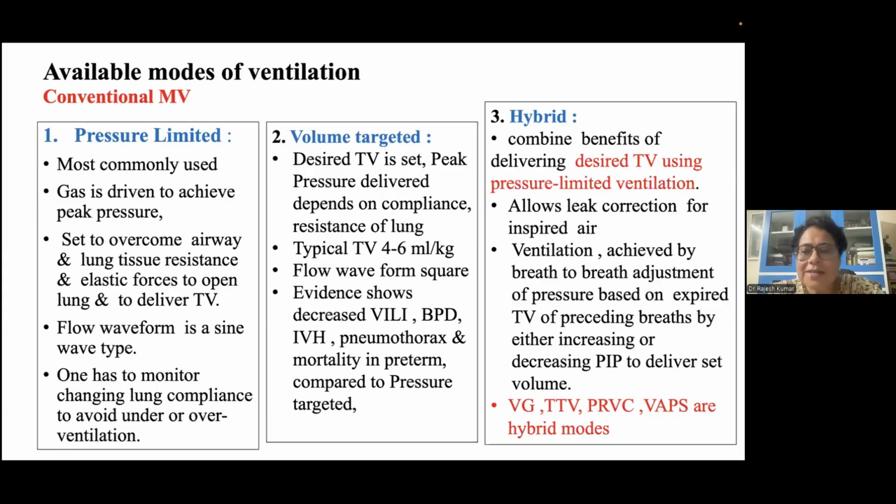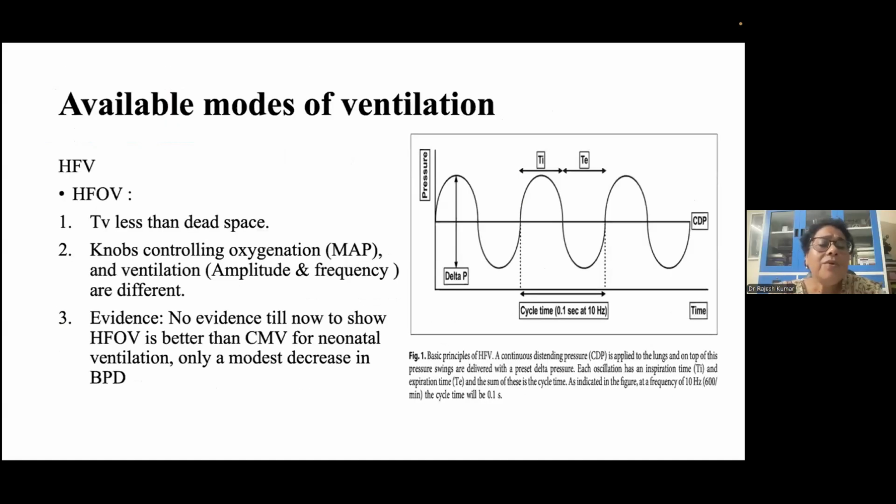We have already learned that there are many types of hybrid ventilation available to us, like volume guarantee, TTV, PRVC, or VAPS, depending on the type of ventilator which we are using. So we have to identify what conventional mechanical ventilation modes are available to us and plan our ventilation based on that. We might also have facility for high frequency oscillatory ventilation.